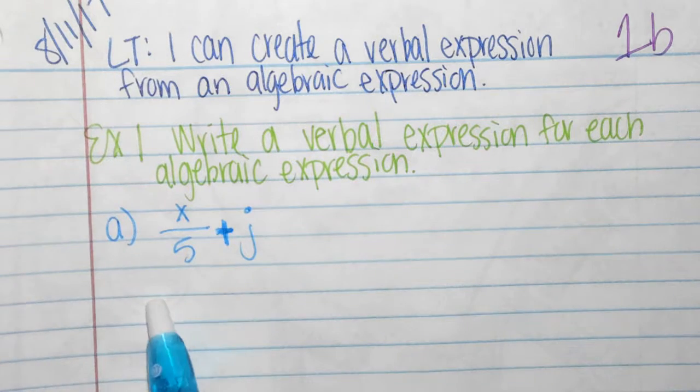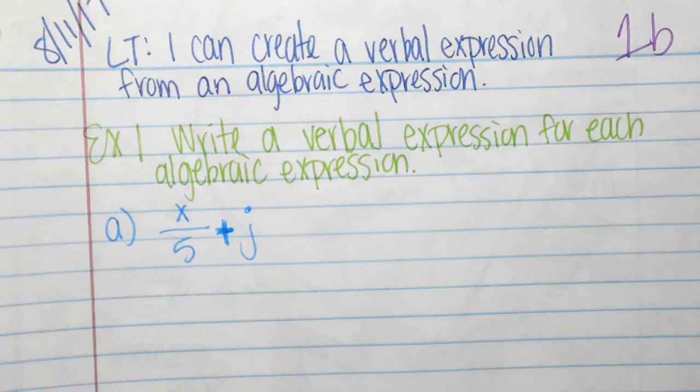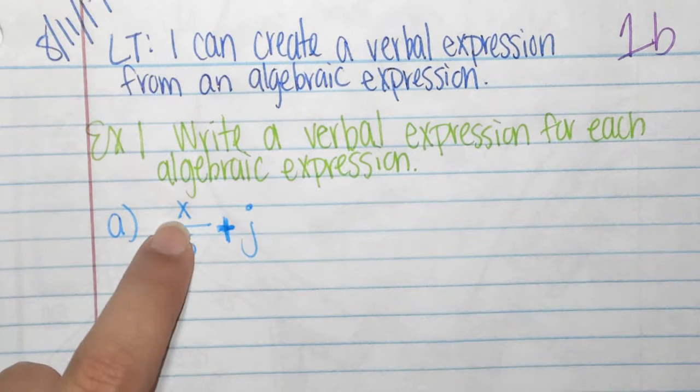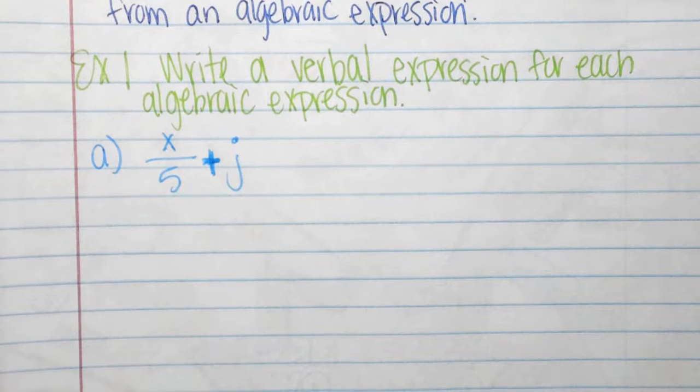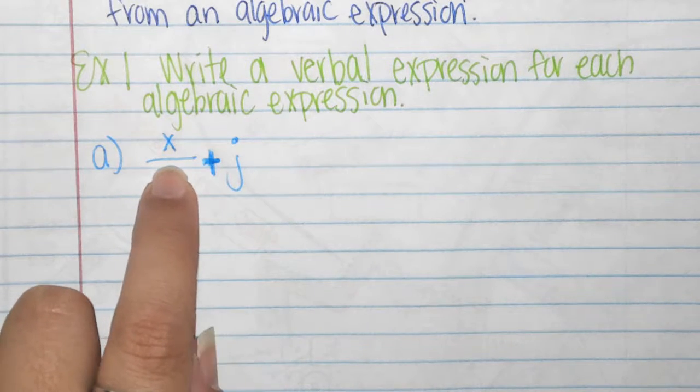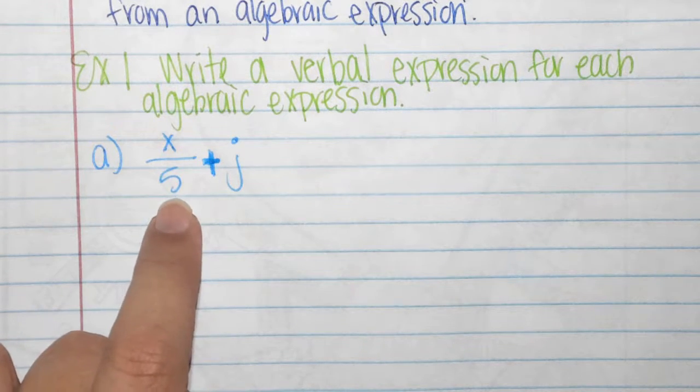Now, is this an algebraic expression or a verbal expression? Algebraic. So what are we going to come up with? The verbal. So what happens first? What do we need to write down first? What's the first thing in our problem? All right, so x, and is it over or is it divided by? Divided by.